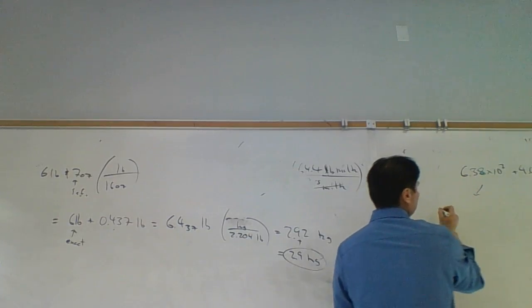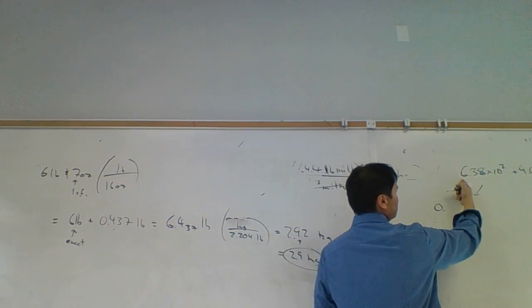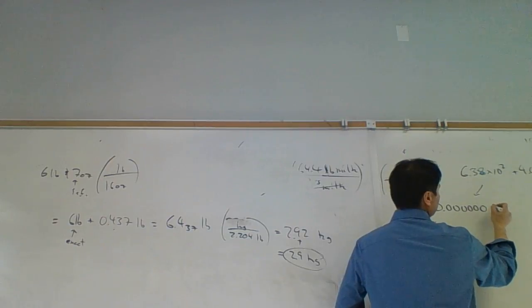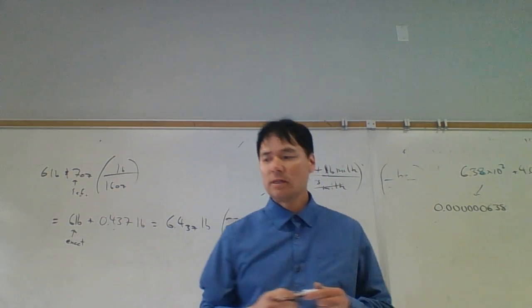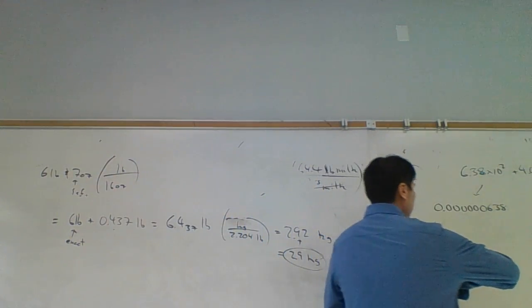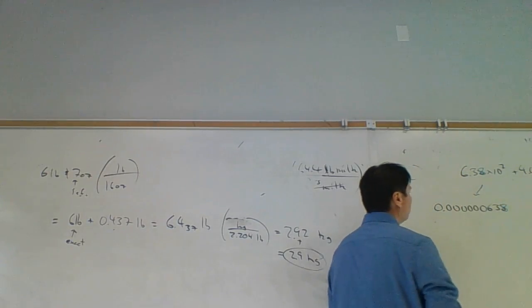One, get it in decimal form. Getting this in decimal form, I need 0 point, then I need 6 zeros: 1, 2, 3, 4, 5, 6 zeros, and then a 6, 3, 8. This would be the decimal form of that. Then we can keep track of the uncertain digit, which is this 8 in the end.